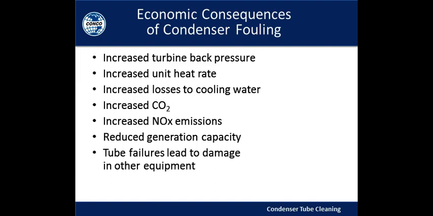And also, I mentioned earlier about the tube failures leading to damage in other equipment. I used to think that was a stretch. Oh, come on. What about the vibration on the turbine, or what about those contaminants all over those turbine blades? Where does that come from? Oh, it comes from contaminants in the condensate. So you can throw the turbine out of balance.